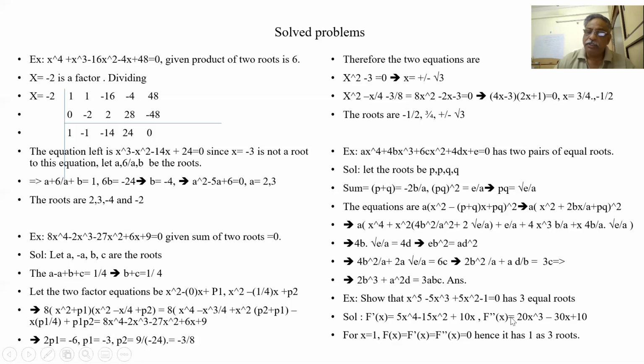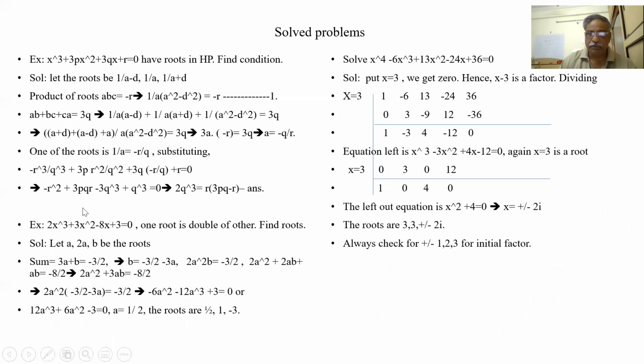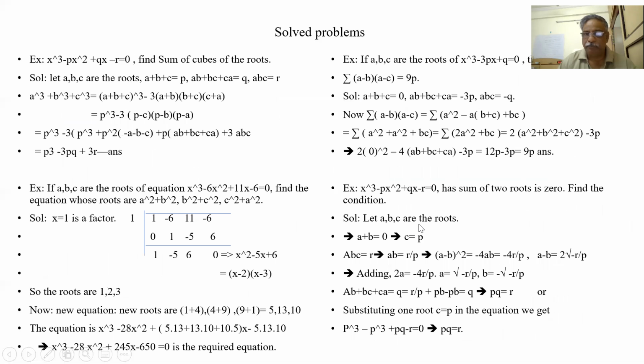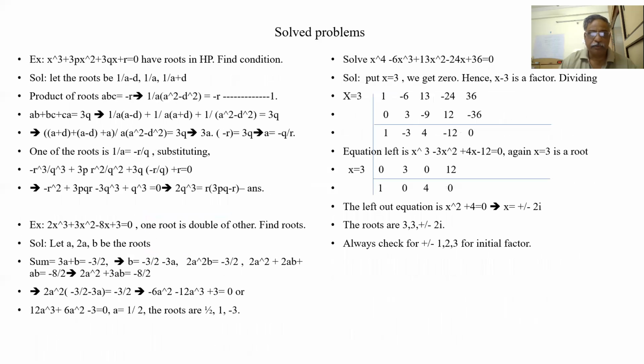So how do we say it is a repetitive root? Here we do f dash x and f double dash x. Here you see there is no repetitive root. There is no repetitive root here. Here also there is no repetitive root. Whenever a repetitive root is there, so this is a repetitive root.